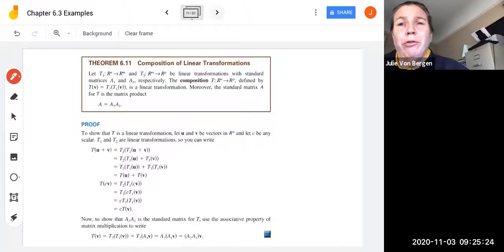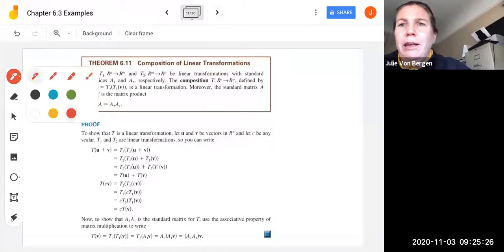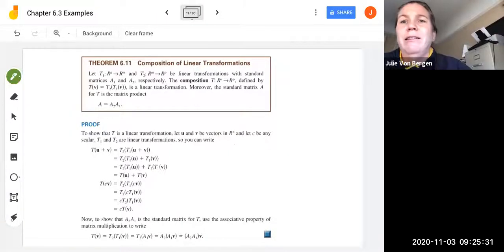So let's take a look at the proof. To show that T is a linear transformation, we let U and V be vectors in Rn, and C be any scalar. T1 and T2 are linear transformations. So we can say T of U plus V is this composition T2 of T1 of U plus V. Then we've got T2 of T1 of U plus T1 of V, and then we can distribute that through.